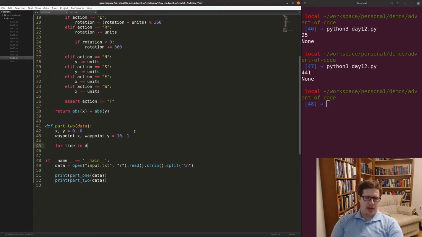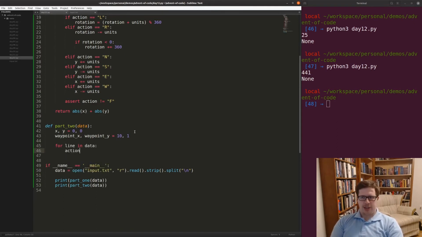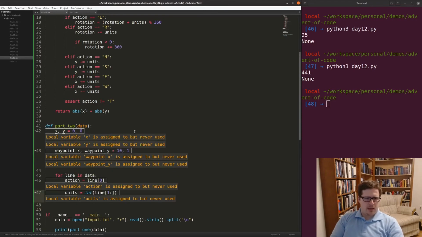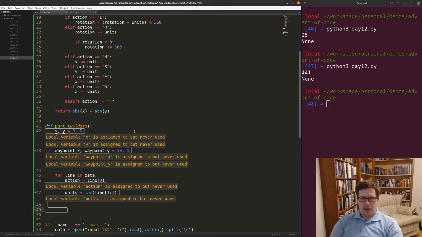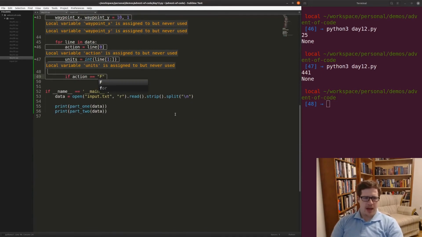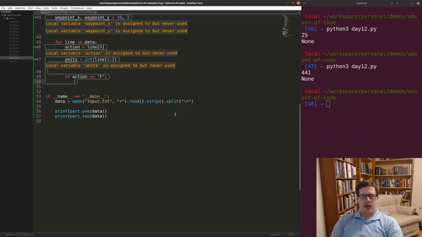For line in data, action is the very first character, and units is going to be the integer of line 1 to the end. If action is F, then we're going to have x plus equals the waypoint, right?